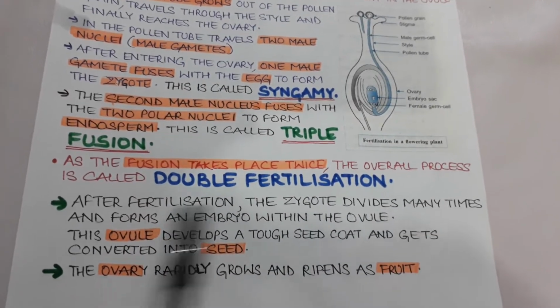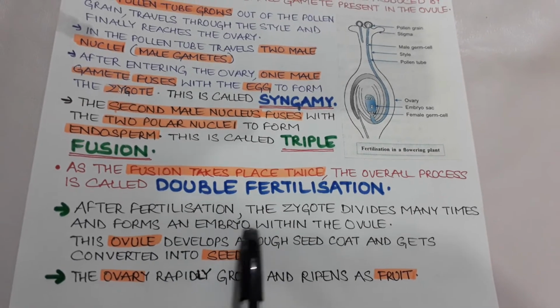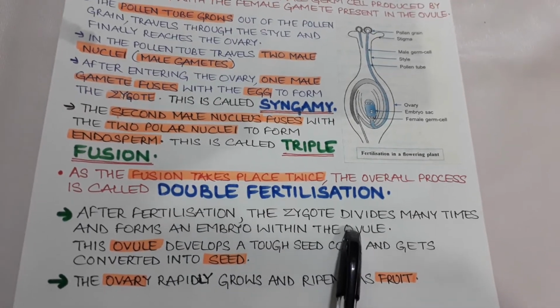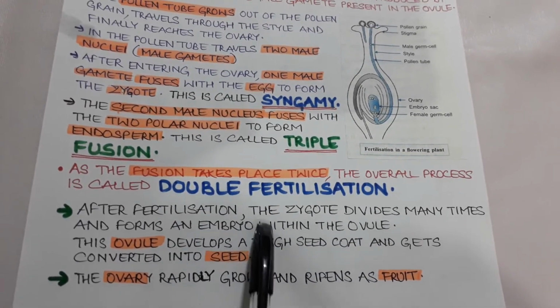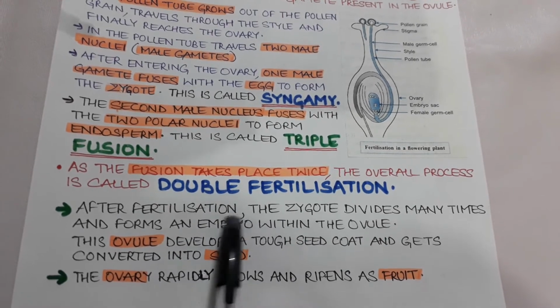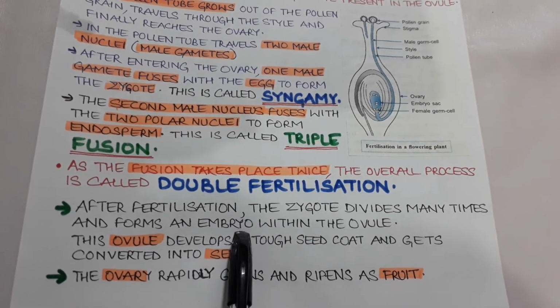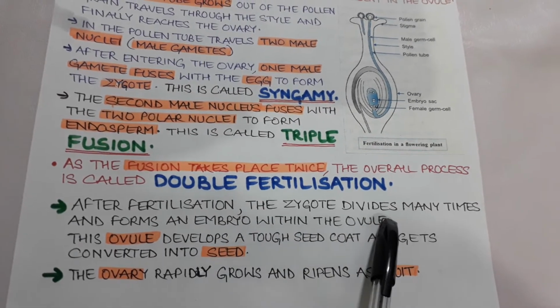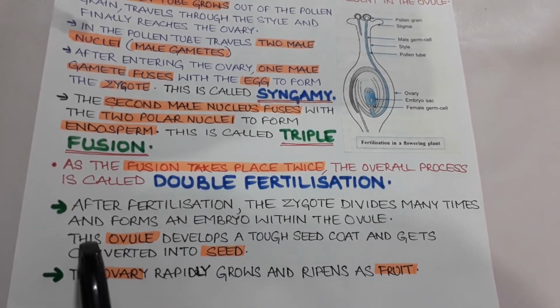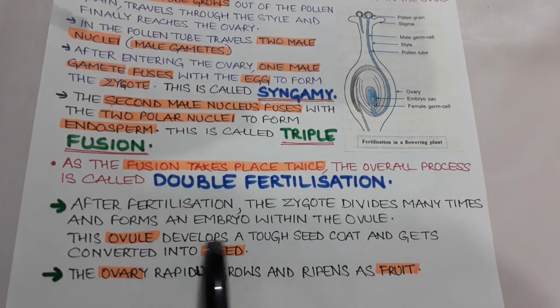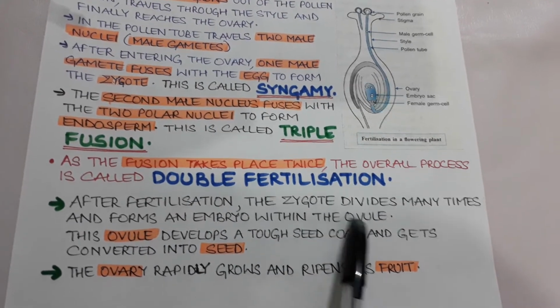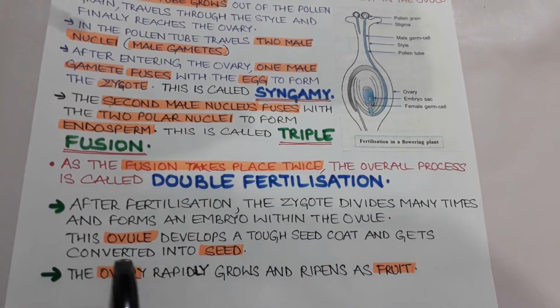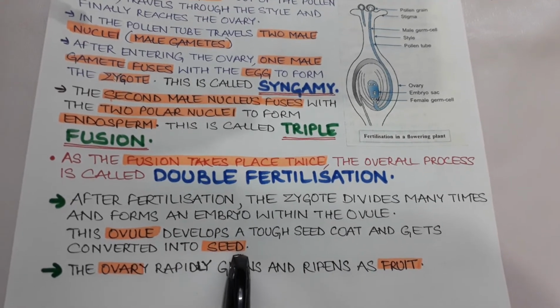Now, after the fertilization has happened, the zygote will divide many times and form the embryo within the ovule. The embryo is also commonly called the baby plant, that is the future plant. After this embryo formation, slowly the ovule develops a tough coating and gets converted into seed.